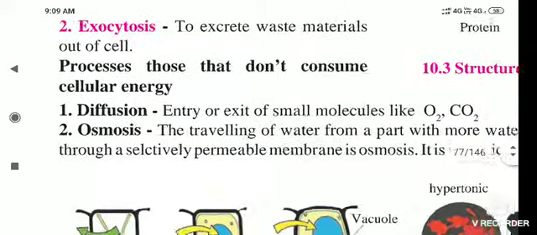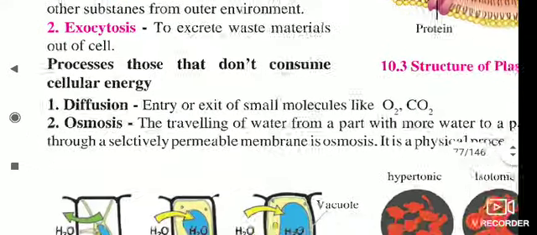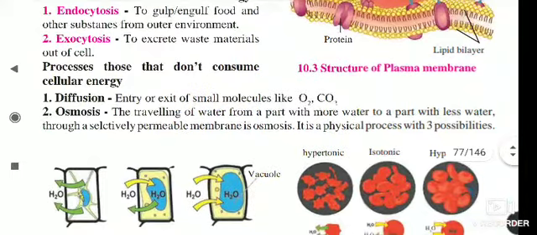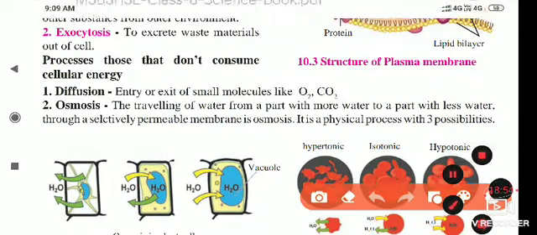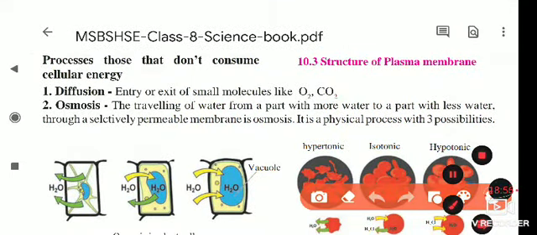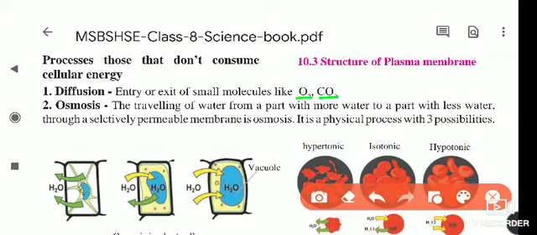Now, processes that do not consume cellular energy. So which processes are there? The cellular energy is not consumed. First is diffusion: the entry or exit of small molecules like O2 and CO2.